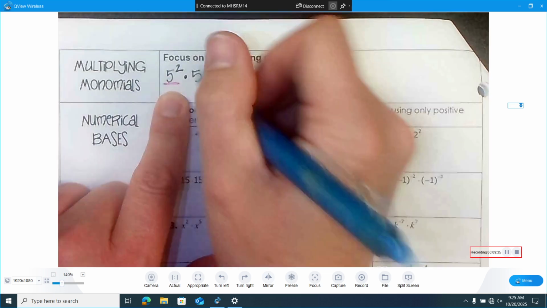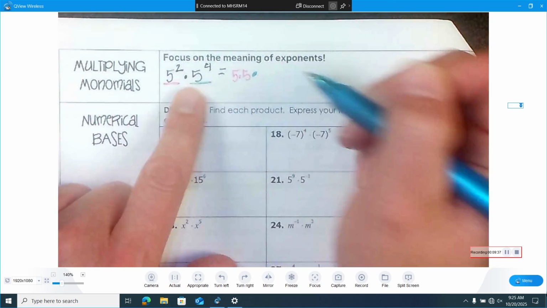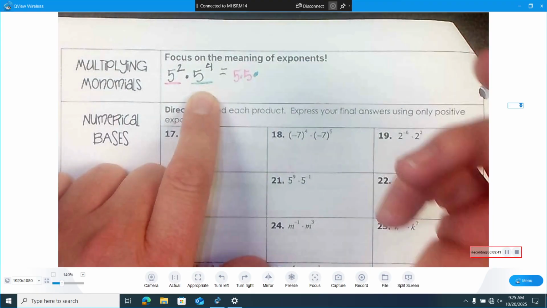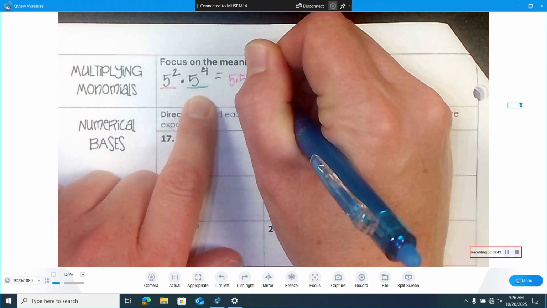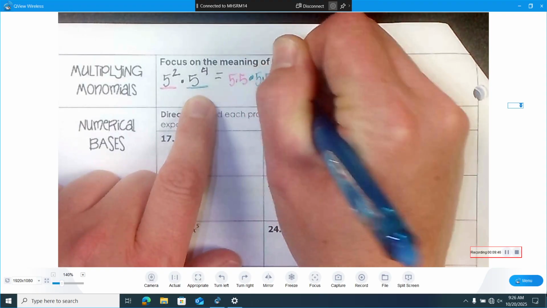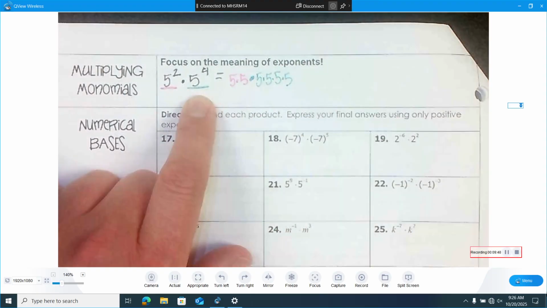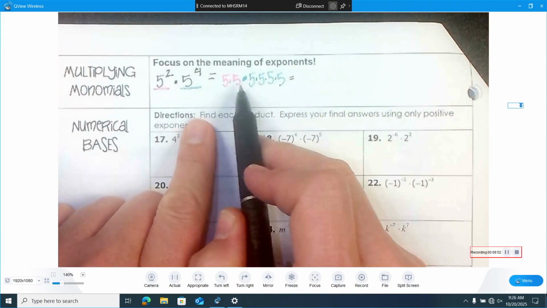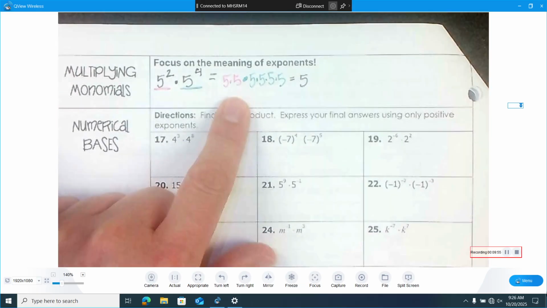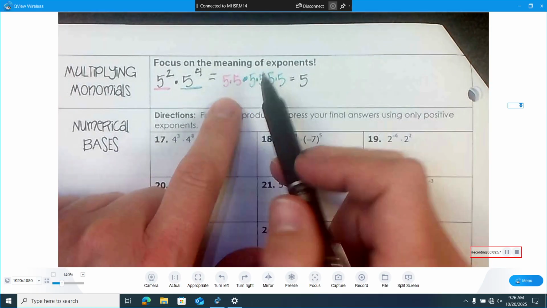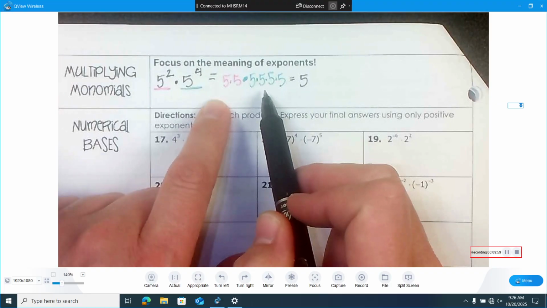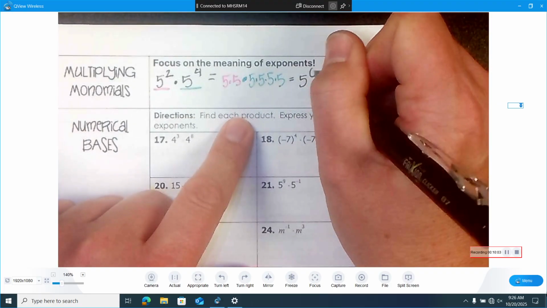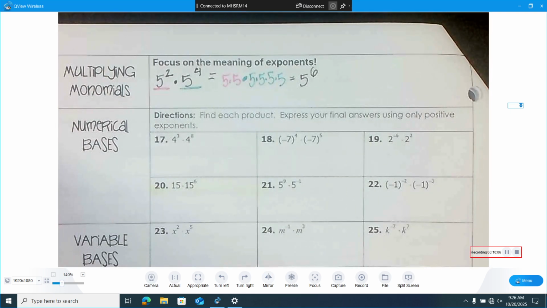And then what does 5 to the 4th really mean? 5 times 5 times 5 times 5. Yeah, 5 repeated 4 times. And so if we expand it, now we see that we have 5 repeated how many times? Yeah, 1, 2, 3, 4, 5, 6. So this is 5 to the 6th power.